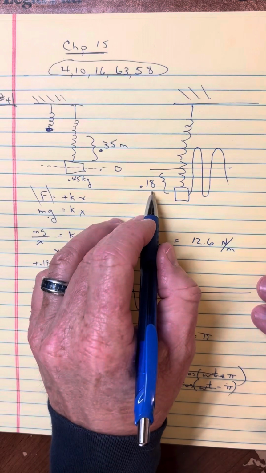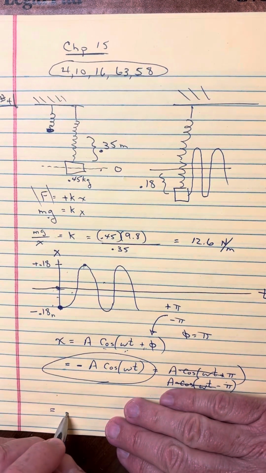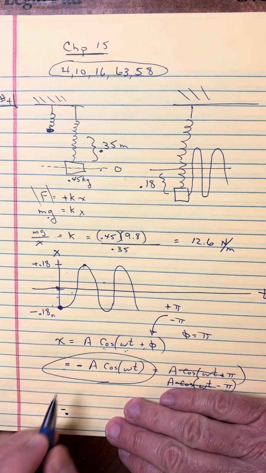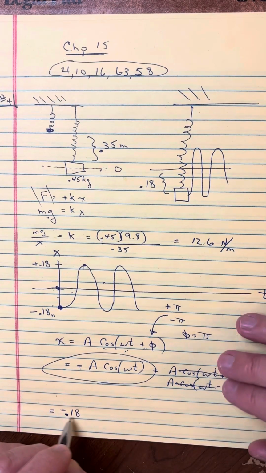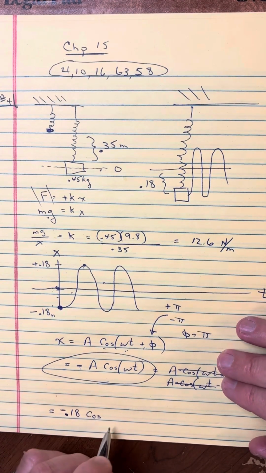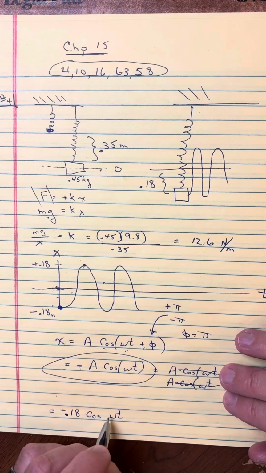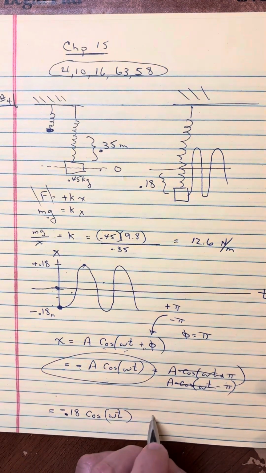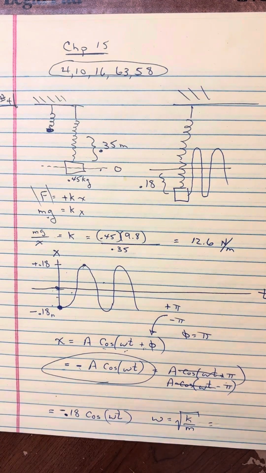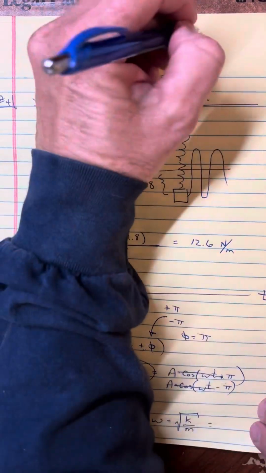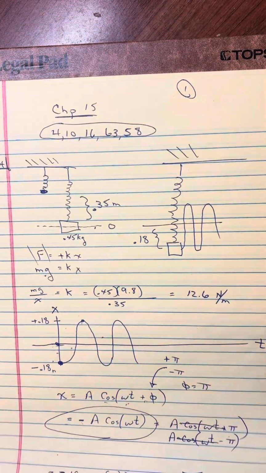Since they told me I pulled it down 18, it starts down, so I'll put a negative 0.18 cosine omega t, where omega is the square root of k over m, which in my case, and so maybe I'll call this page 1.